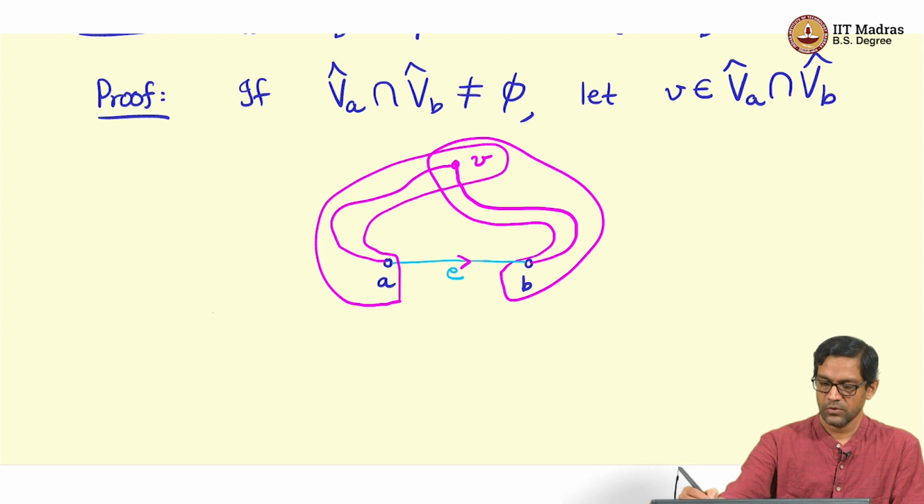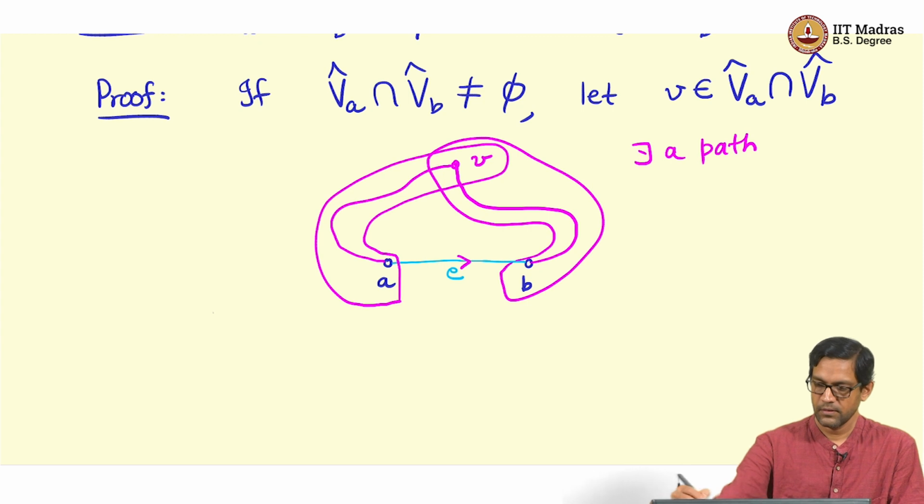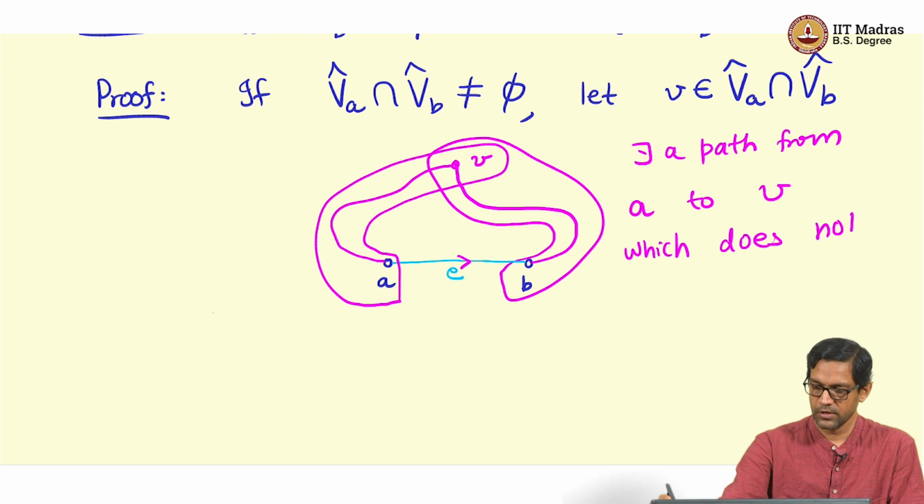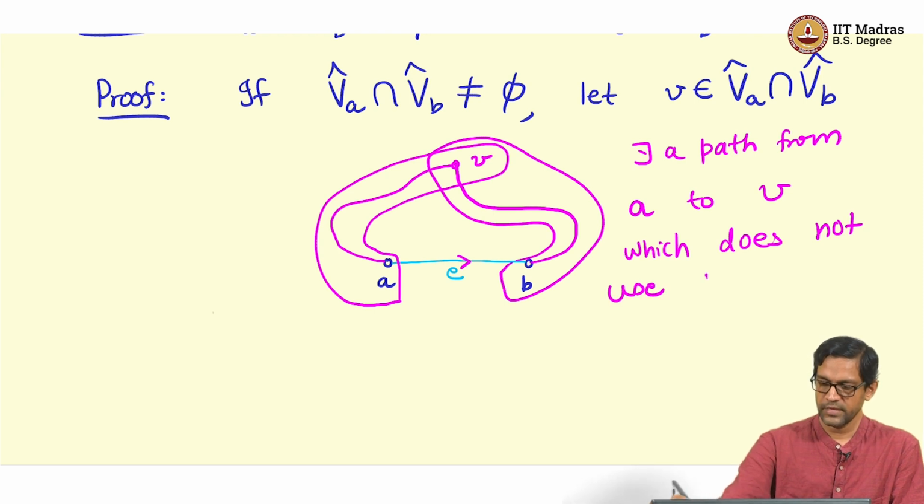Okay. So, this is really the argument. Let V belong to this. So, let us then, there exists a path from A to V which does not use the edge E.